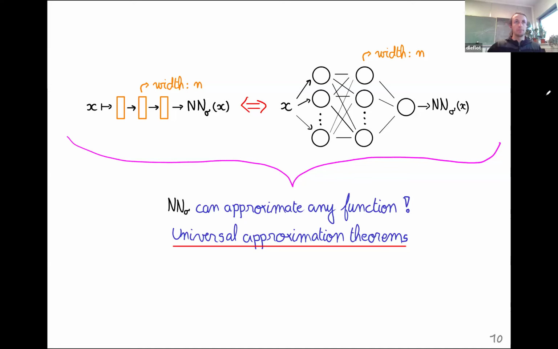And quite importantly, neural networks constructed this way can approximate any function. This is a consequence of the universal approximation theorems. The bigger the neural network, the better the approximation. A consequence of these theorems is that you can always parameterize your function by a neural network. If the neural network is big enough, it should work well.